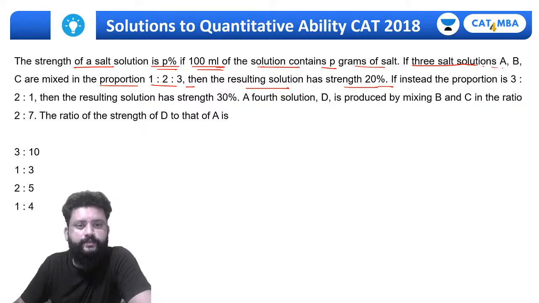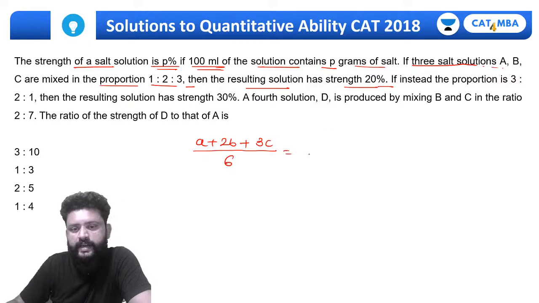So I can say A plus 2B plus 3C divided by 1 plus 2 plus 3, that is 6, must be equal to 20%.